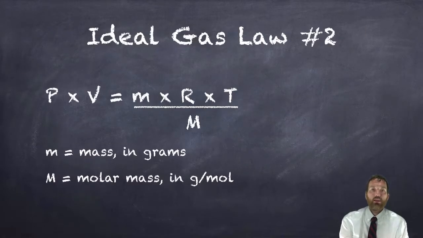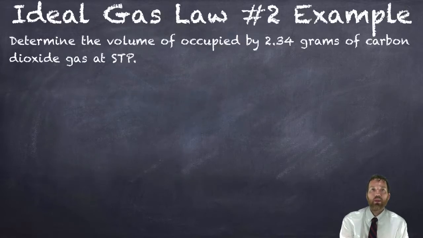So our next ideal gas law is really the same gas law, just written in a different way. We call it ideal gas law number 2. So we have PV equals lowercase m RT divided by capital M. Lowercase m is mass in grams of your sample, and capital M is molar mass. So it's used for similar but different problems.